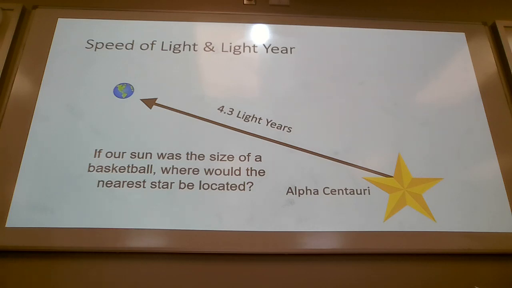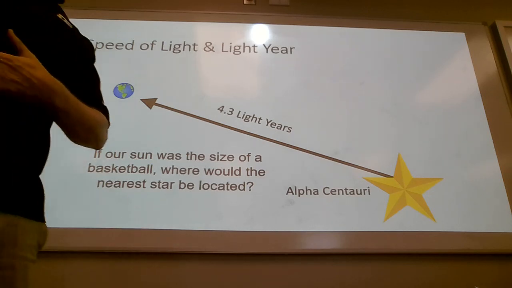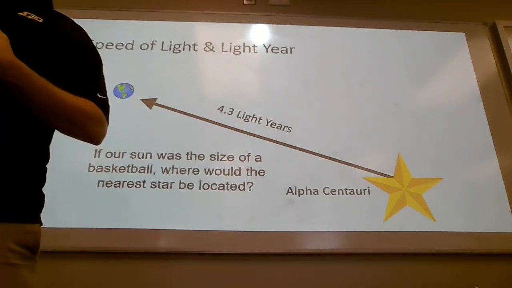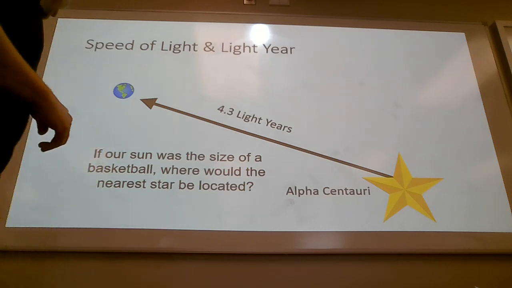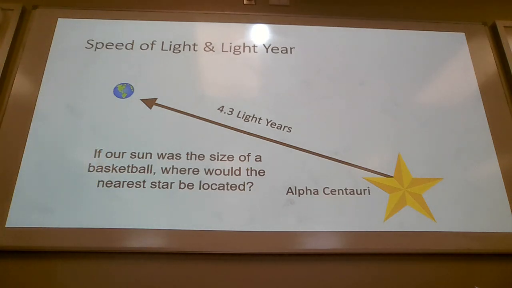So if Alpha Centauri blew up right now, we wouldn't know about it for 4.3 years. So when we look at Alpha Centauri tonight, we're seeing what it looked like 4.3 years ago. Good with that?